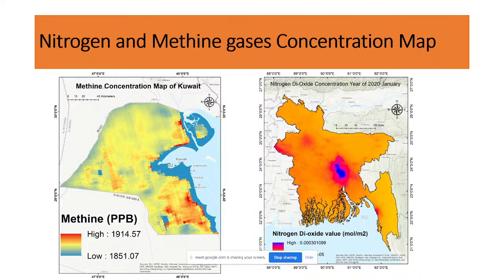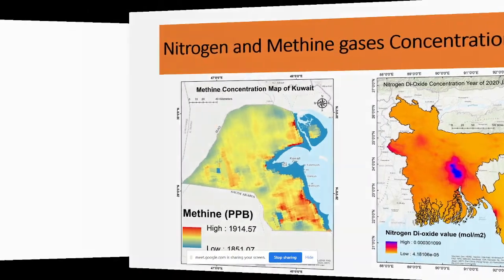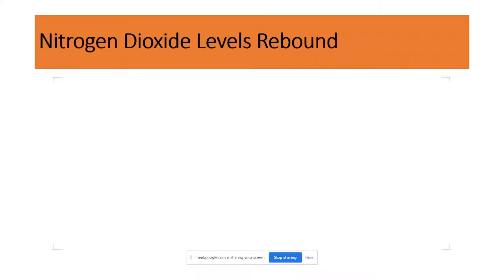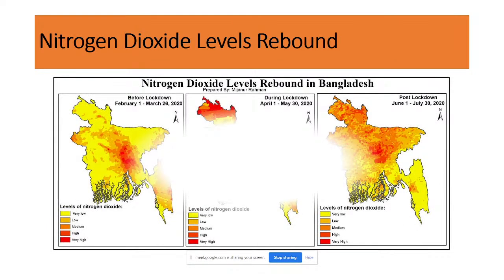After exporting the TIFF image, we can make the map using ArcMap software. You can see the methane concentration map of Kuwait, as well as the nitrogen dioxide concentration map for January 2020 in Bangladesh. This type of concentration map can be made for different types of gases. This is another map for the nitrogen dioxide levels.